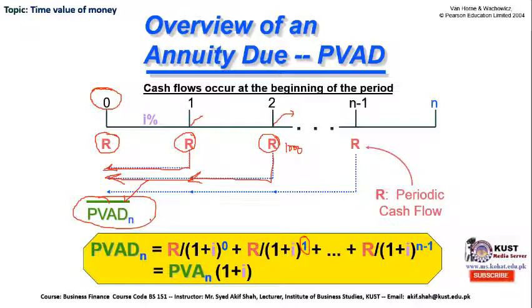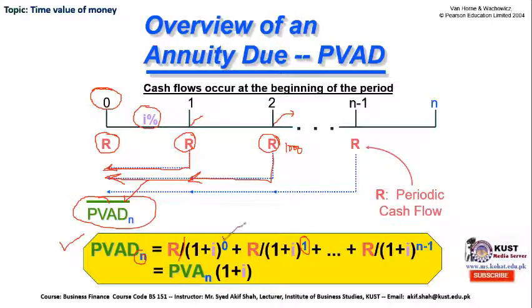So dear student, there are once again 3 methods to calculate present value of annuity due. Number 1 is the formula method, which has been clearly mentioned in this octagon yellow color shape. The formula for calculating the present value of annuity due subscript n is equal to the first cash flow divided by 1 plus i, the compound rate, which is 7% in our case, raised to the power 0.